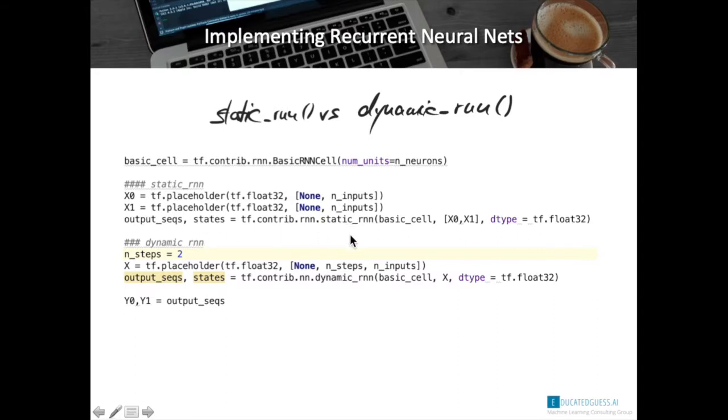Also, it could lead into computational trouble because we would have to predefine these variables, and this could lead us to run out of memory pretty quickly. So a solution for this provided by TensorFlow is to use dynamic RNN.